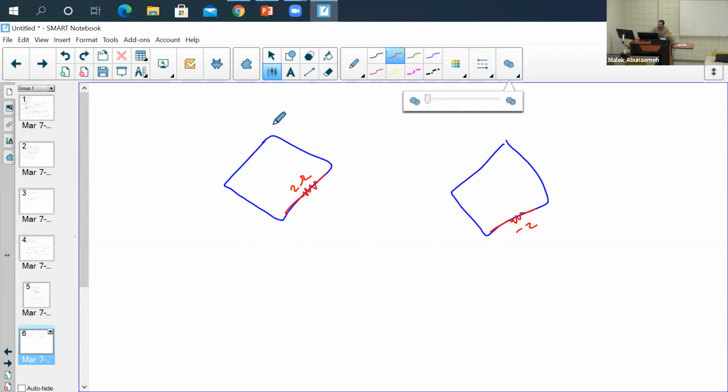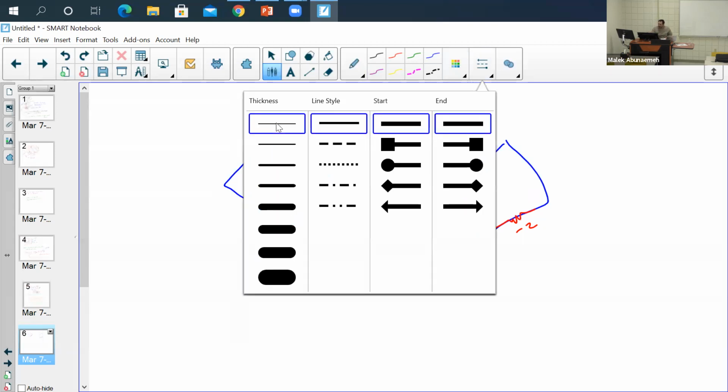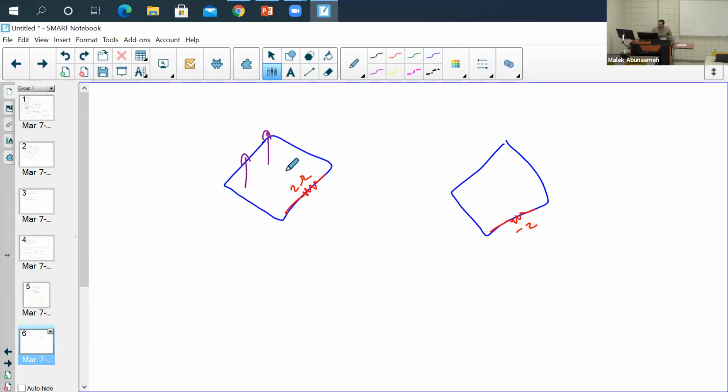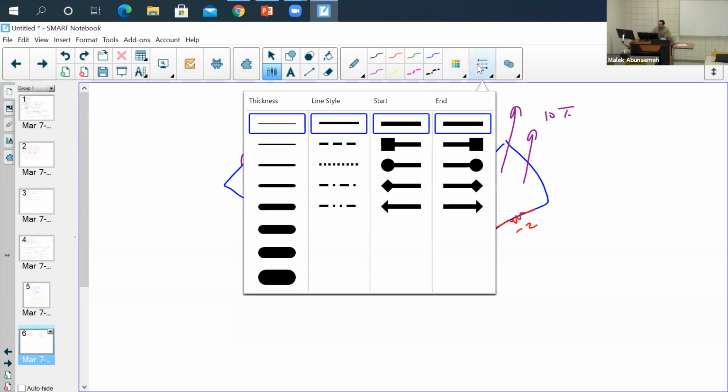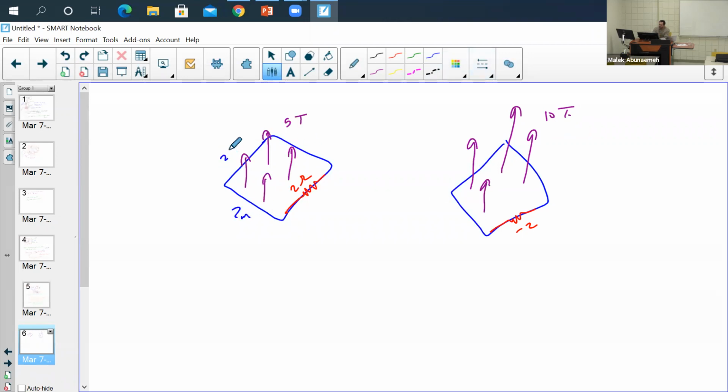Let's say you have a magnetic field generated at 5 teslas, and after, you end up getting 10 teslas. Let's say the loop was 2 meters by 2 meters, and your time lapse was 4 seconds.